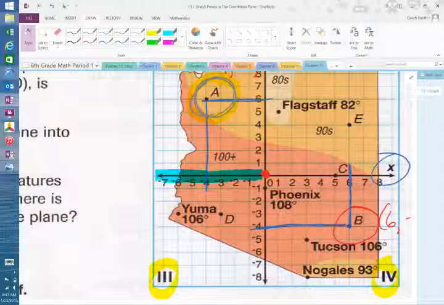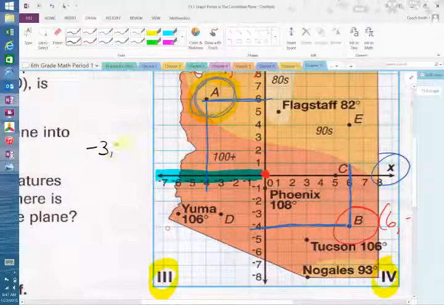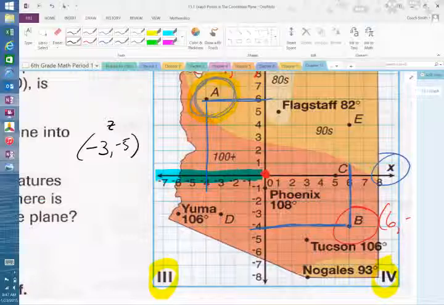Now, for example, let's say I give you the coordinates -3, -5, and I'm going to call this point Z. Point Z has the coordinates -3 and -5. I want to know how we plot that. What you do is this.